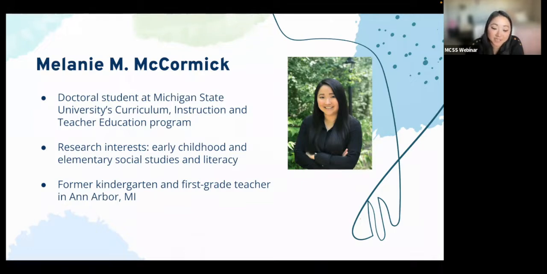I used to teach kindergarten and first grade in Ann Arbor, and that's kind of where some of this work stemmed from, because I was always feeling like I was revising when we taught about families, or trying to use different children's books to supplement the curriculum materials that I was given when I taught first grade. So that's a little bit about where this has stemmed from.